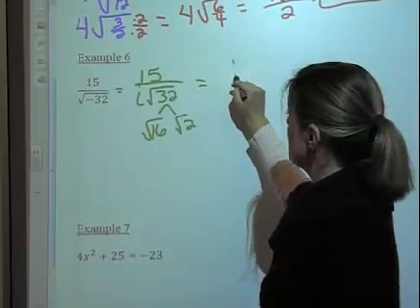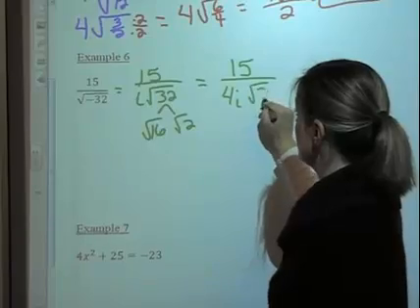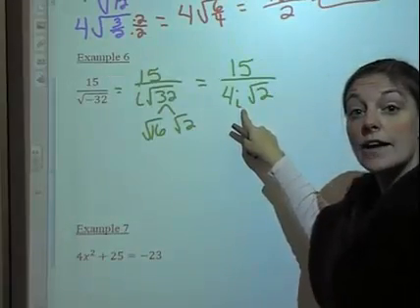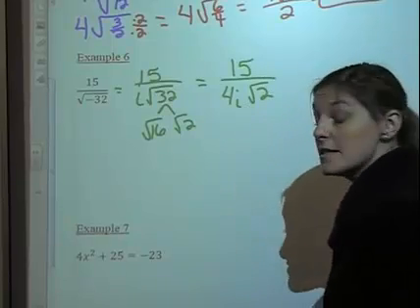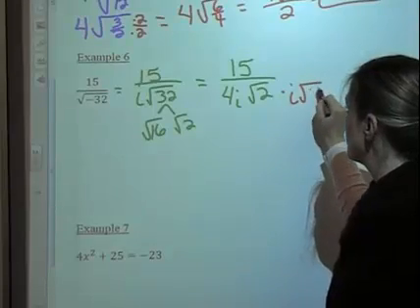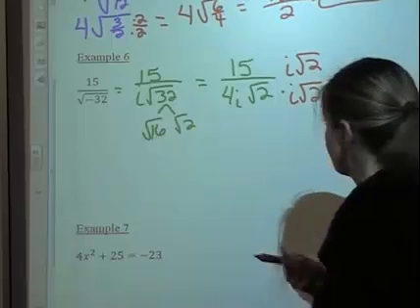So that gives us 15 over 4i square root of 2. And then, because i is really a radical, we need to rationalize this expression, so we're going to multiply by i square root of 2. And whatever we do to the bottom, we have to do to the top.